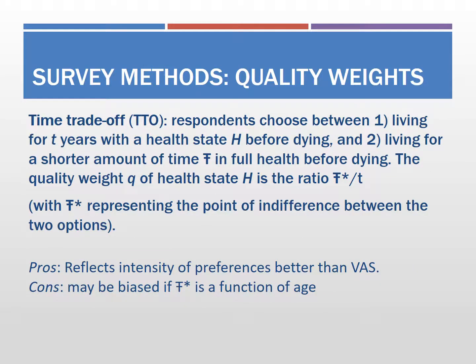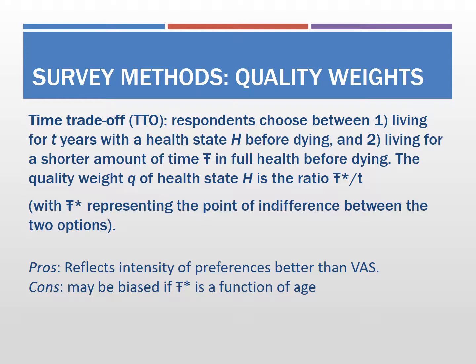Well, the third type of survey available in the market, and used in most of the analysis in the world, is what we call the time trade-off. In this case, it's pretty similar to the gamble strategies, but in time trade-off surveys, respondents choose either to live for 10 years, or however many years, with a health status H before dying, or option 2, living for a shorter amount of time in full health before dying.